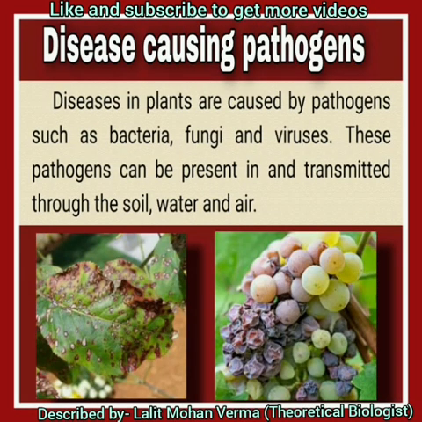Now some disease-causing pathogens are also there. A plant disease is a structural or physiological abnormality which is injurious to the plant and reduces its economic value. Some diseases are soil-borne, some airborne, and some water-borne, and are caused by pathogens such as bacteria, fungi, and viruses.